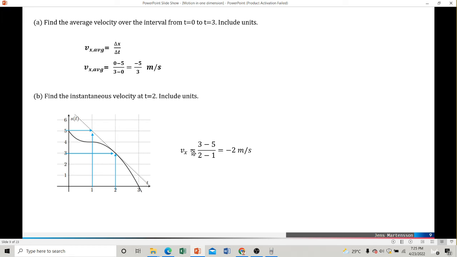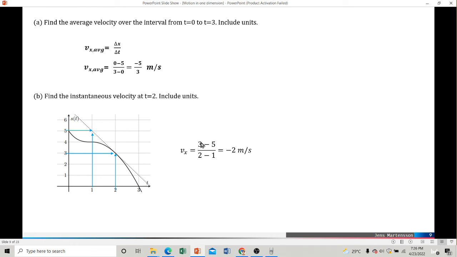So using our slope formula between two points, we have m equals y sub 2 minus y sub 1 over x sub 2 minus x sub 1. That is the typical formula, but here it is in terms of position over time.